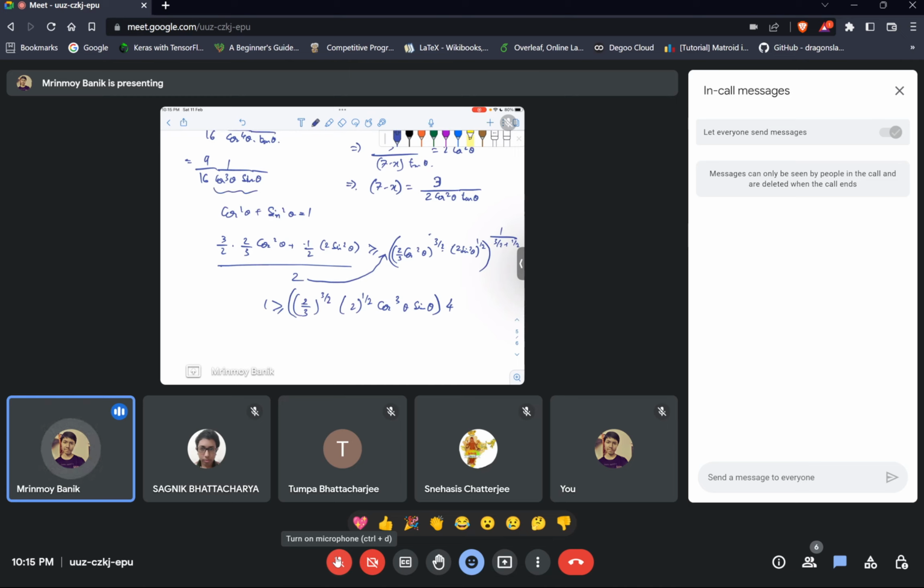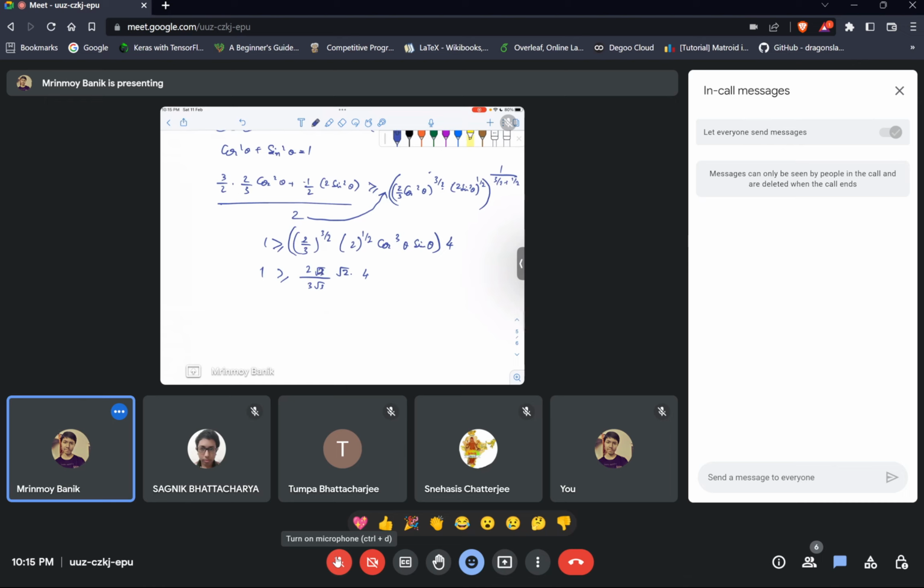So that equates to 3 by 2 times root 2 times 4. Sorry, so that's 2 to 4. So 16 by 3 root 3 cos cube theta sine theta.